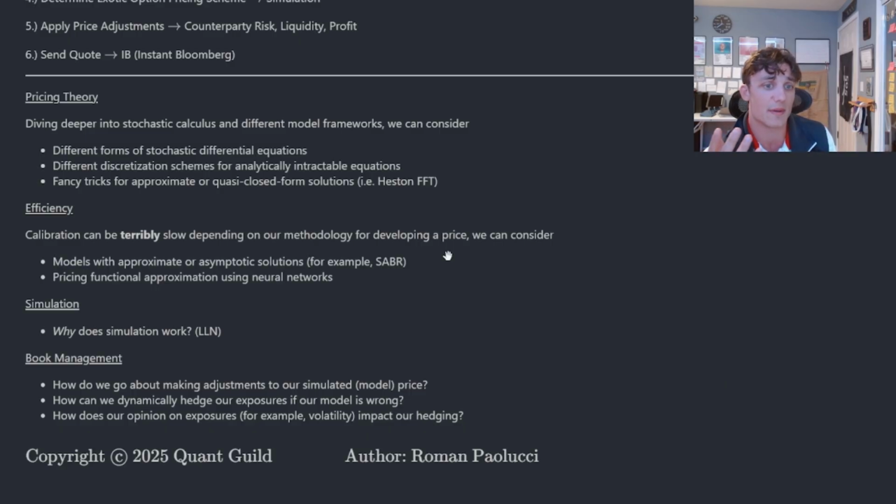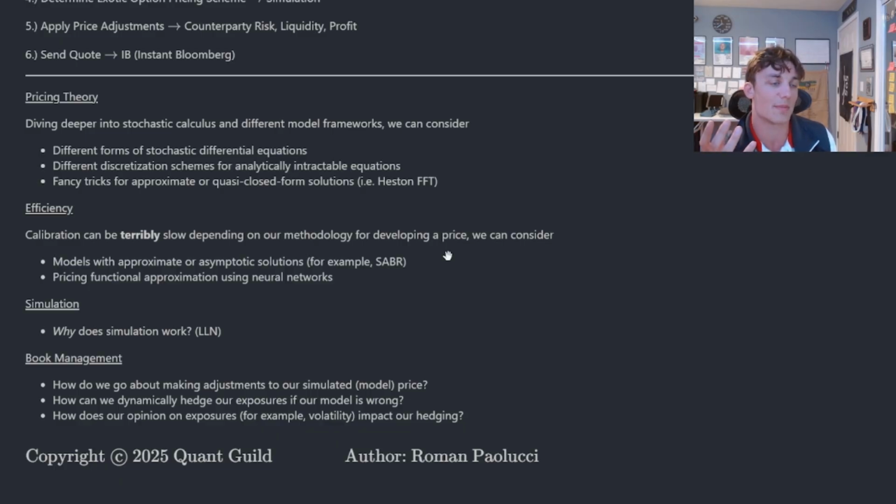Efficiency, as I mentioned earlier, right? This is a terrible bottleneck in the calibration problem. If you have some model that is path dependent, think about something like a rough volatility model where the entire structure is non-Markovian, in the sense that you need to decompose some sort of covariance matrix and then iteratively discretize the integral.